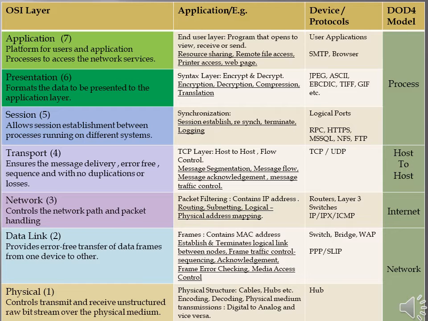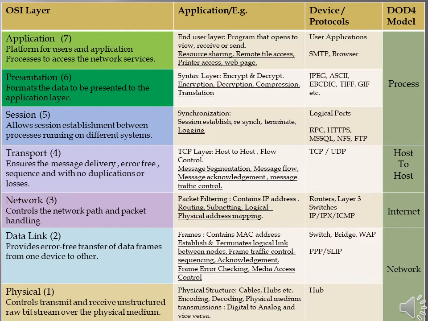When we compare this model to the DoD4 model, we can see that the DoD4 model has 4 layers: process layer, host to host layer, internet layer, and network layer. Application layer, presentation layer, and session layer are combinedly called the process layer in the DoD4 model. All the processing happening in the application, presentation, and session layers happens in the process layer.